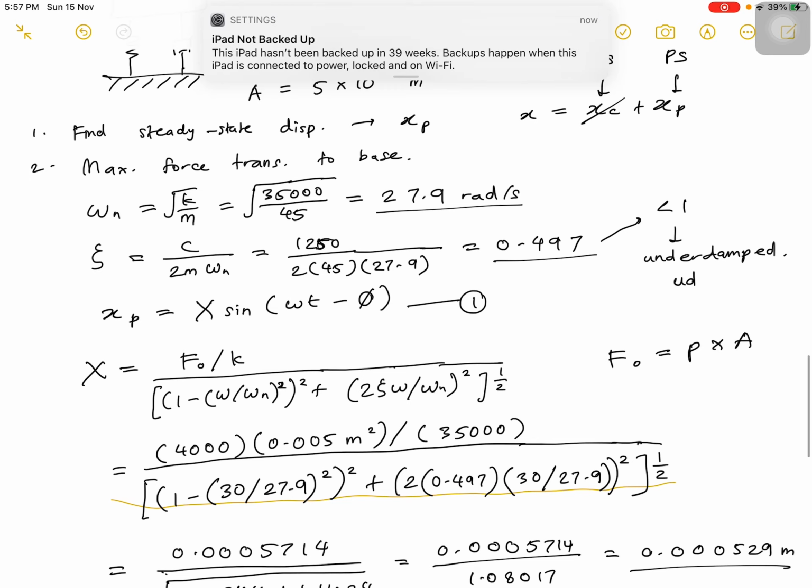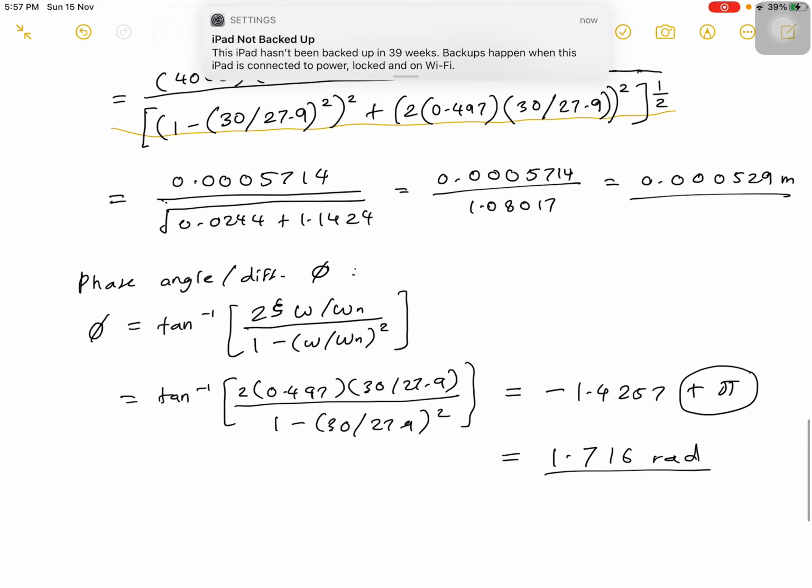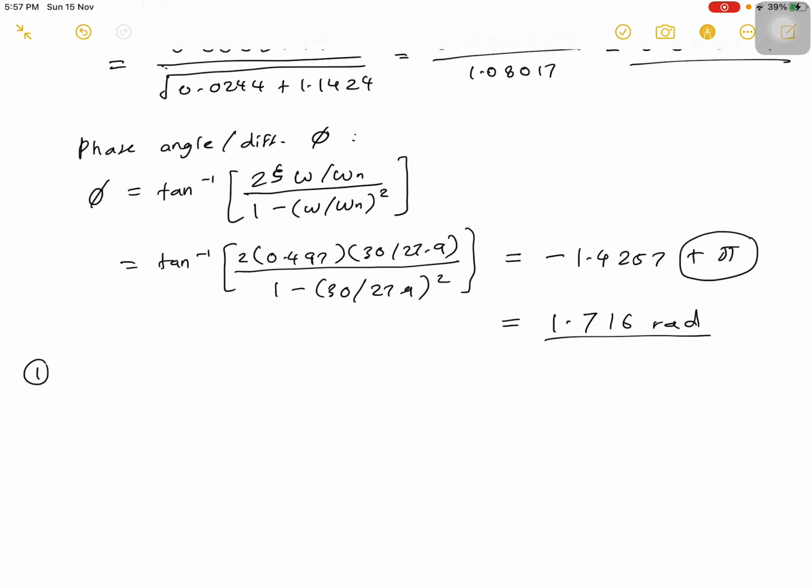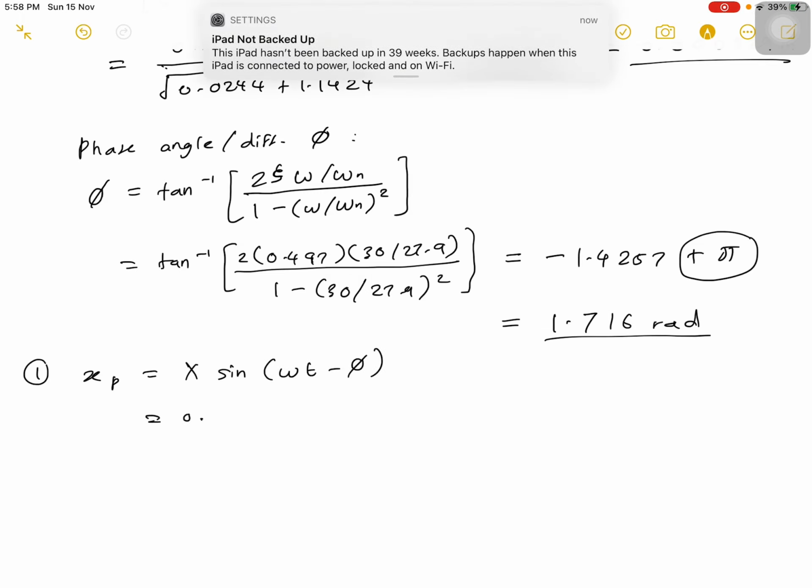Now we go back to equation 1. Equation 1 is right here. From 1, we can replace the value. Xp is equal to x, I write down again, 0.00529 sine.